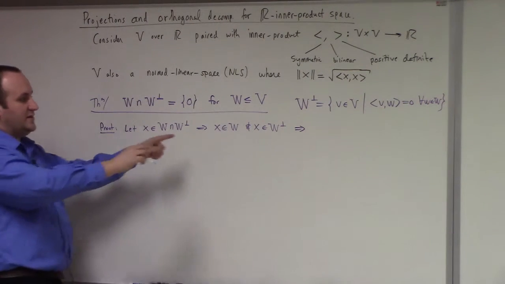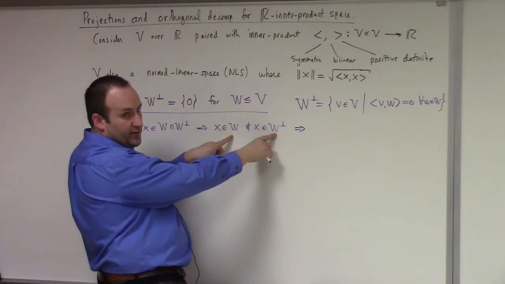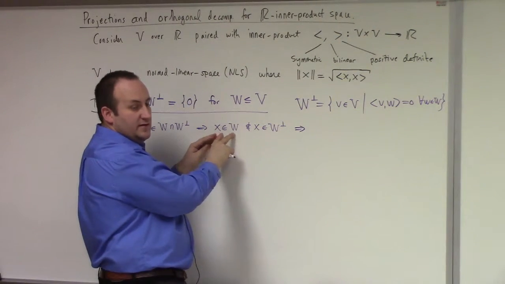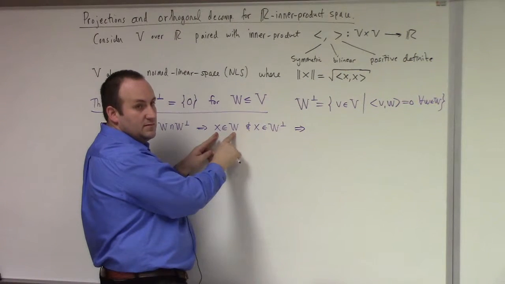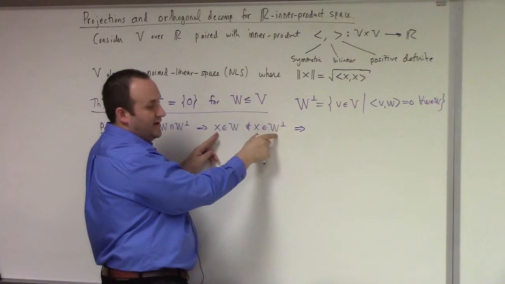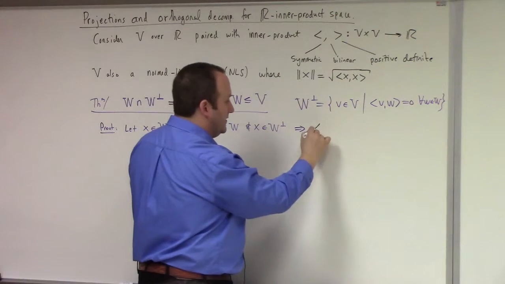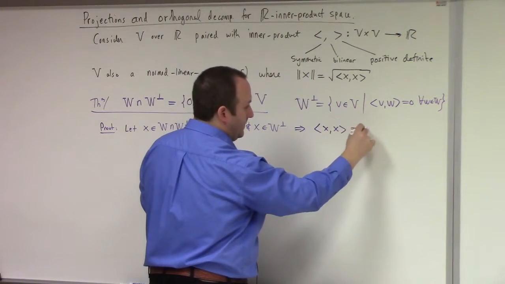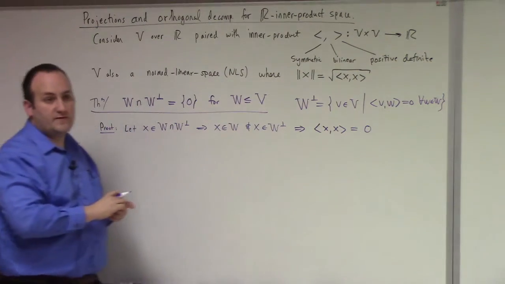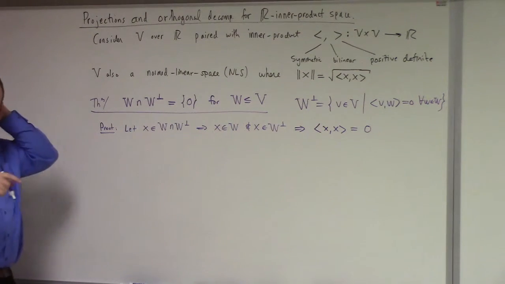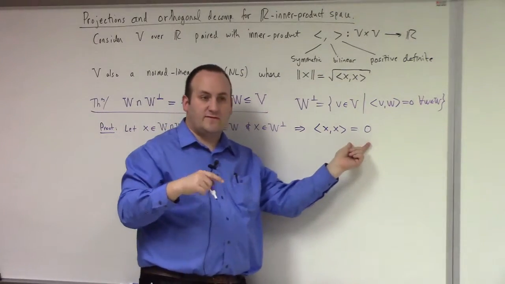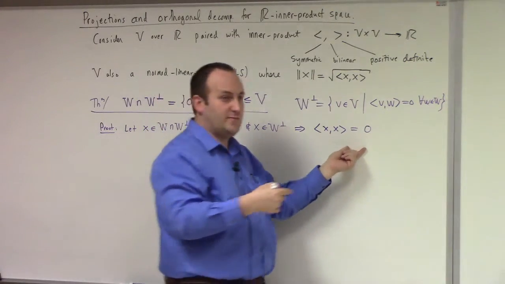Well, of course, if x is in W, it's in V. So this is a vector in V, but it's also a vector in W perp, which means that by this condition up here, the inner product of x with x has to be 0. Now, the only way we can have an inner product of a vector with itself be 0 is if it's the 0 vector. That's part of being positive definite.